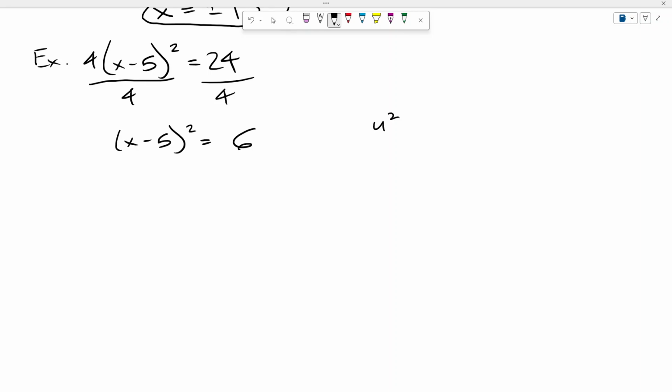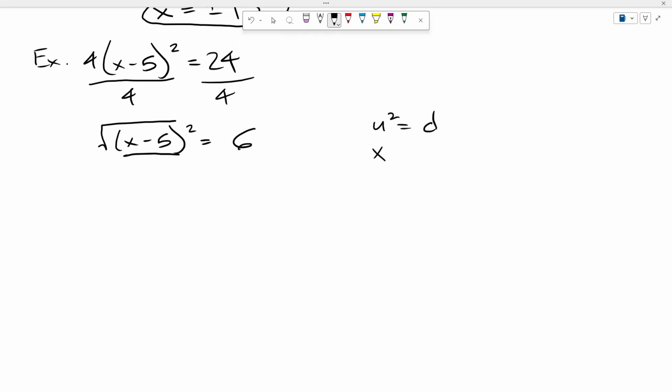Because remember, u, whatever u is, it's just an algebraic expression. It doesn't have to be single like x squared. In this case, it's just x minus 5. It's just an algebraic expression. So once we're at this point, we're good to apply our square root property.